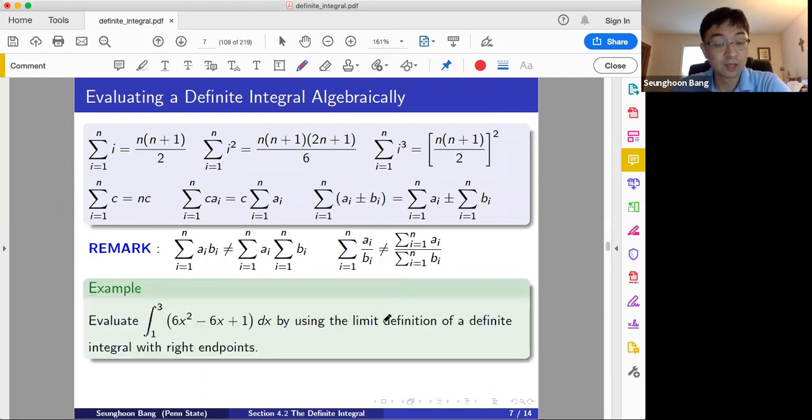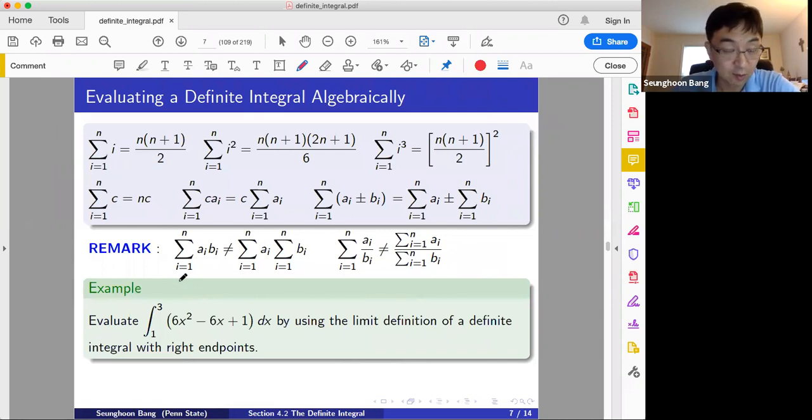Let's think about this problem. Evaluate the integral from 1 to 3 of 6x squared minus 6x plus 1 dx by using the limit definition of a definite integral with right endpoints. So what's that? You know this one? We can use this.